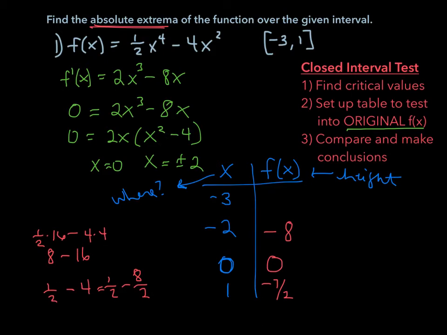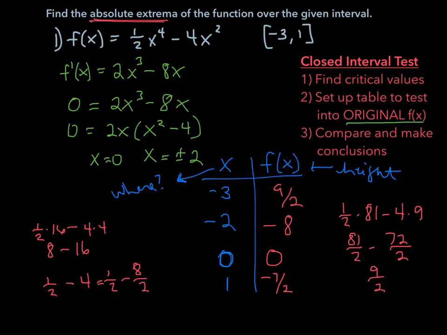So I'm going to have 1/2 times -3 to the 4th, which is 81, minus 4 times -3 squared, which is 9. So let's see, 81/2 minus 36, which I'll just go ahead and double, that would be 72/2. So 81 minus 72 is 9/2.